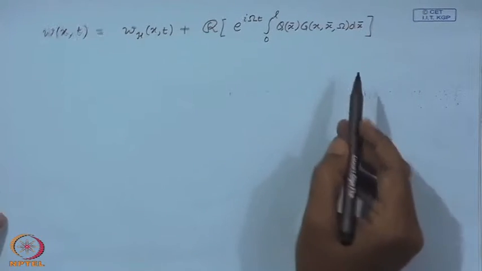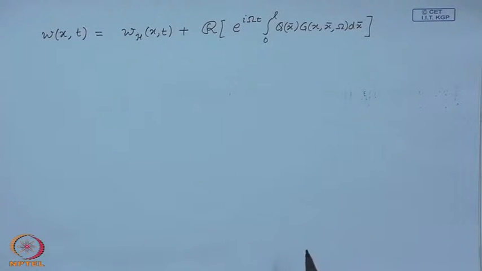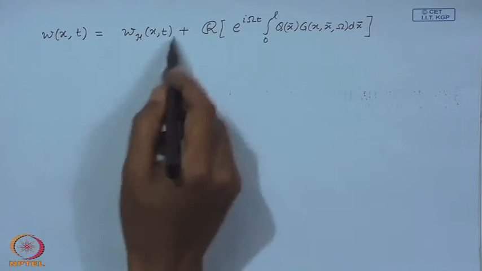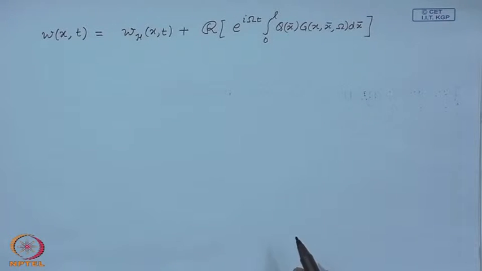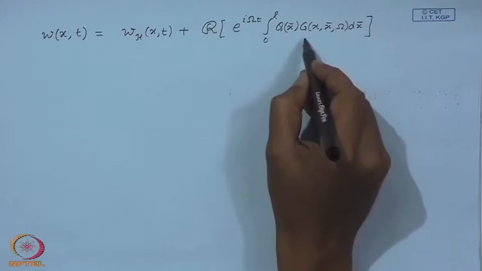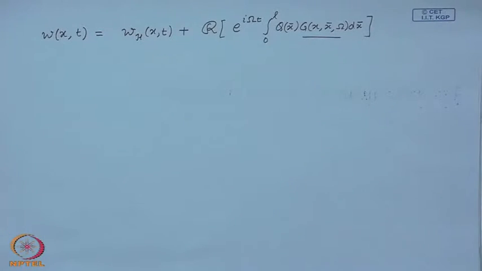So, we can easily find the total solution, and from here the unknowns can be found by using the initial conditions. Now, the problem remains of how to solve for this G.